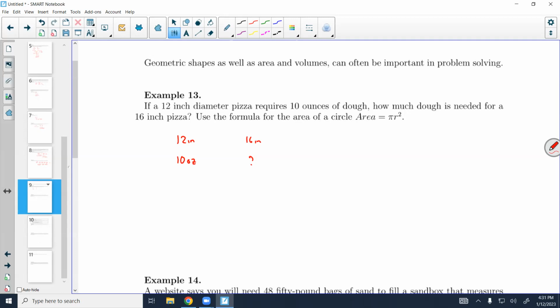And in case you were unaware, the formula for the area of a circle is pi r squared, r being the radius. So the first thing we need is the radius. Pi is constant, so we don't have to worry about it. So what is the radius of a 12-inch pizza? So what, 6? R equals 6. What about a 16-inch pizza?